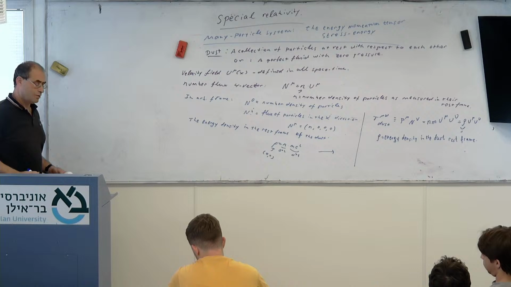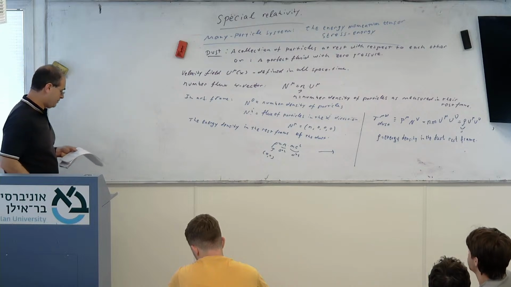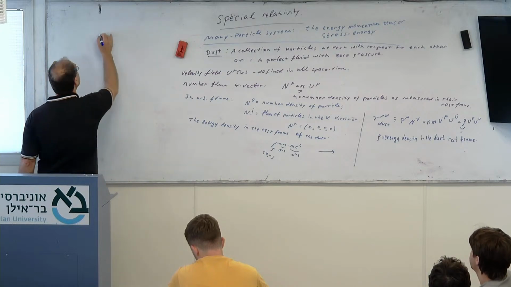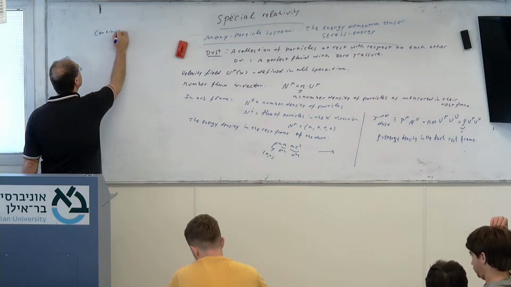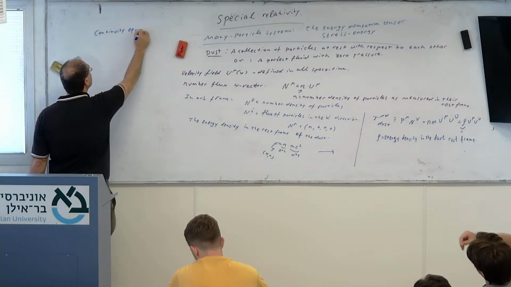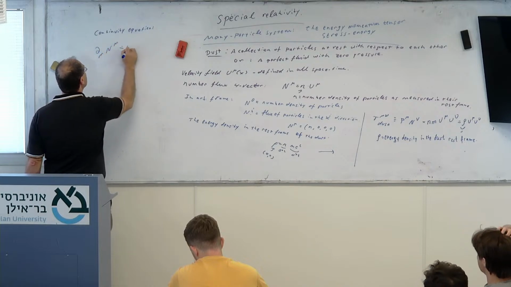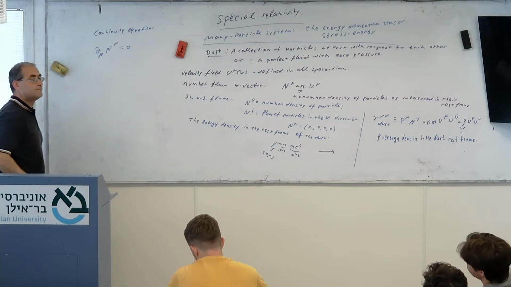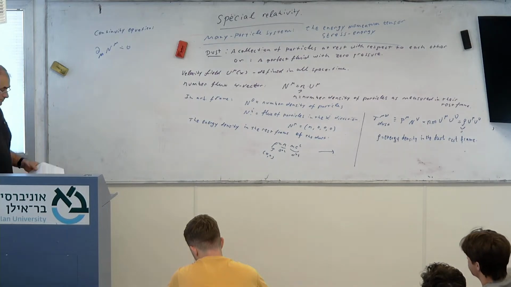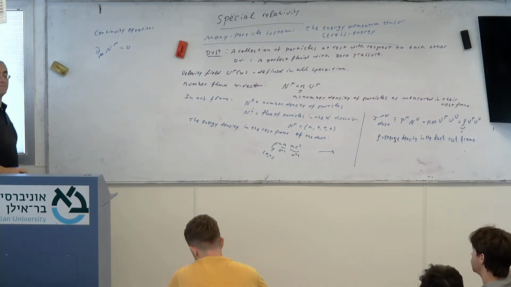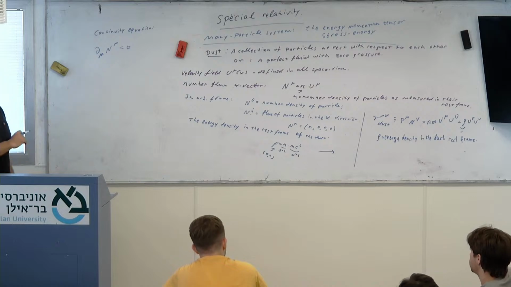How do I write the continuity equation? Use notation to shorten it.